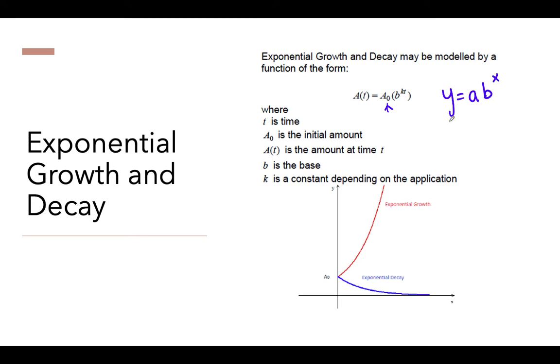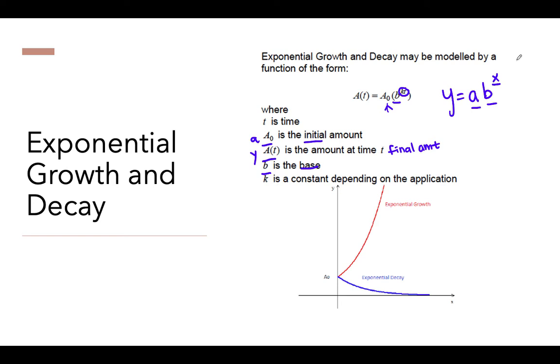So y is the amount at time t, which is the final amount. And a, in this case A0, is the initial amount. And b, same thing, b is the base. And x, in this case, is represented as kt.